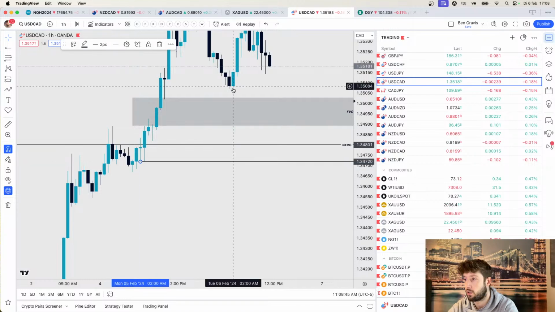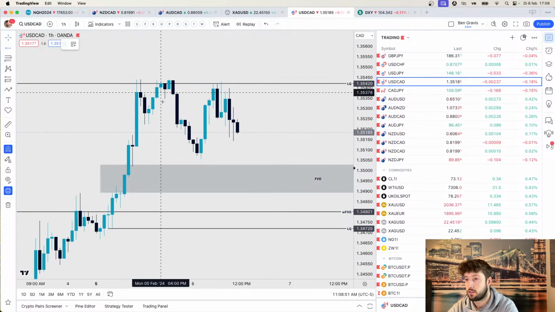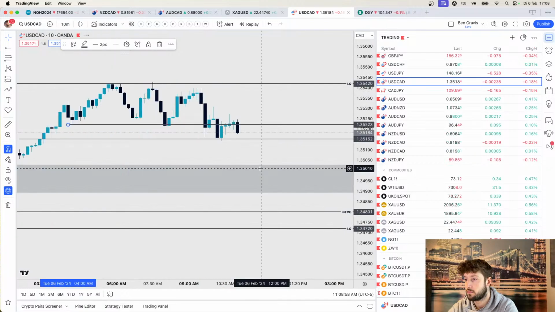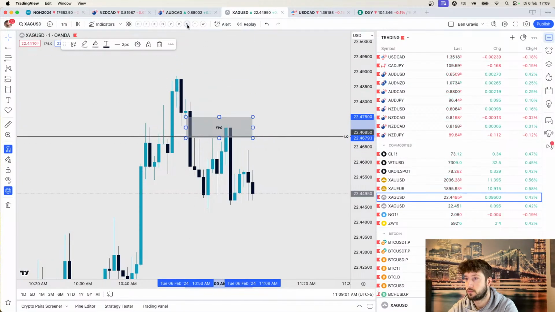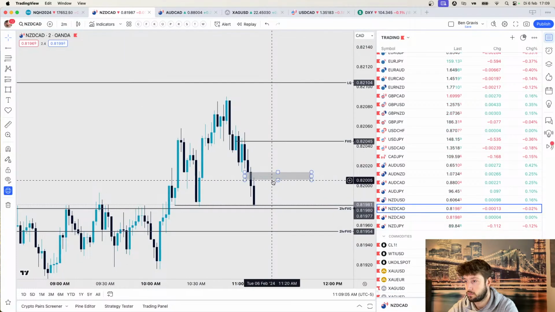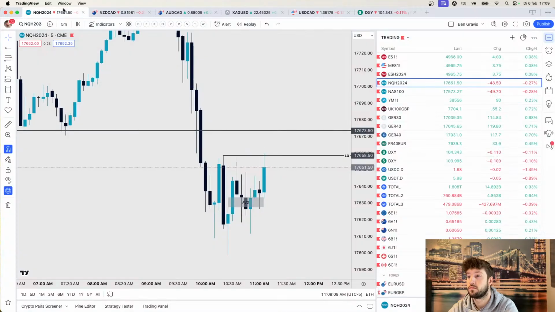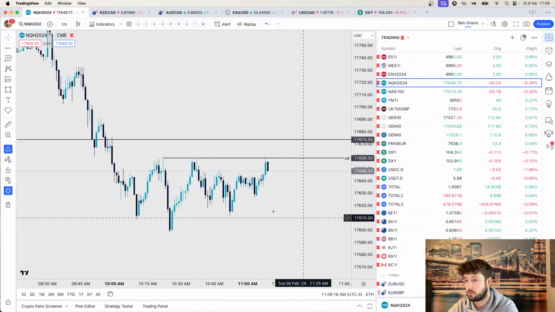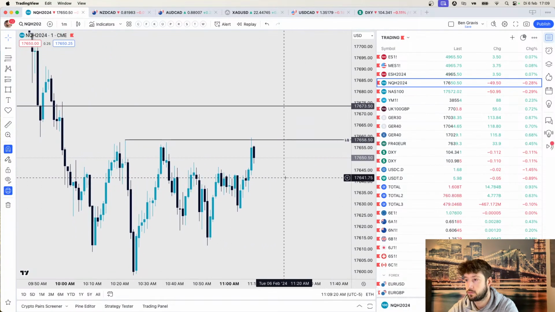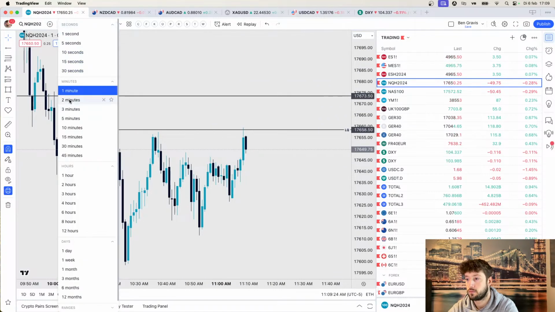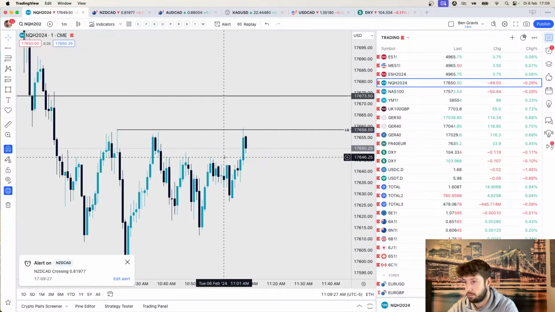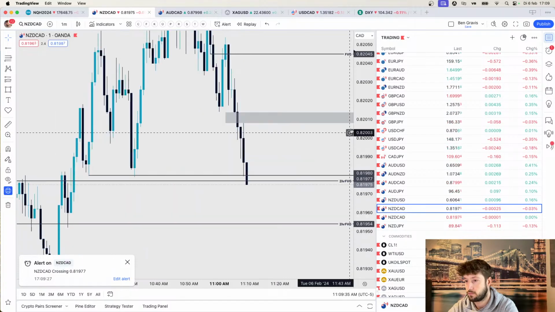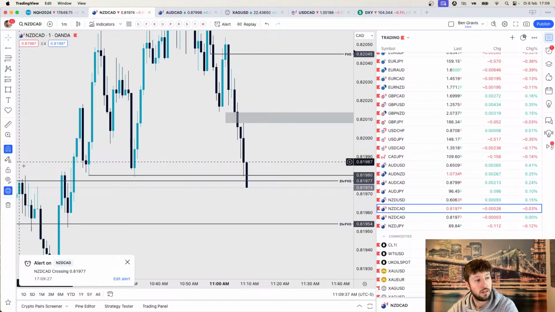Equal lows here. No setup here. Break of equal lows here.